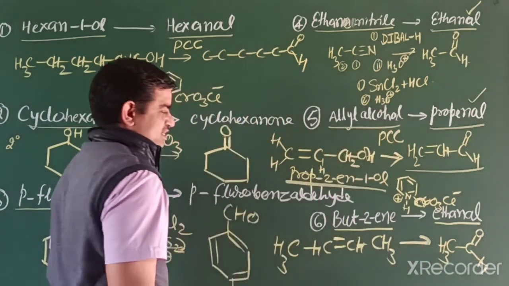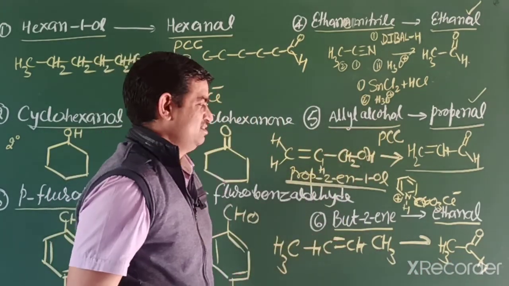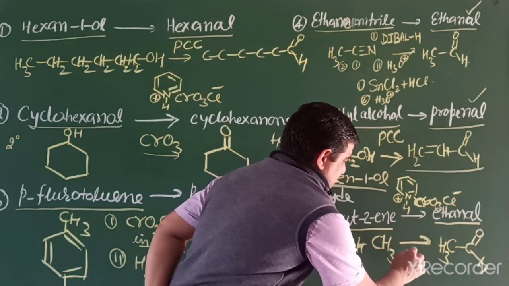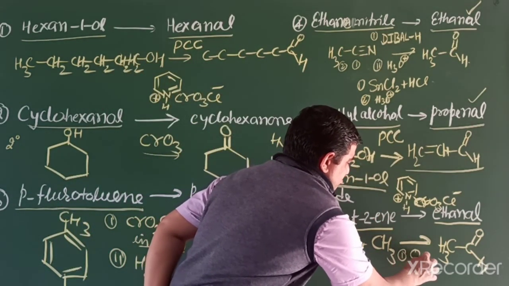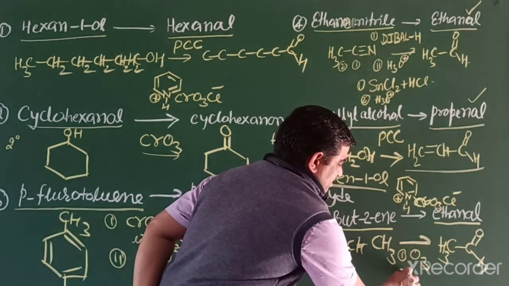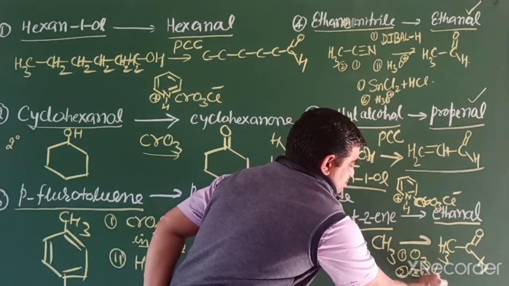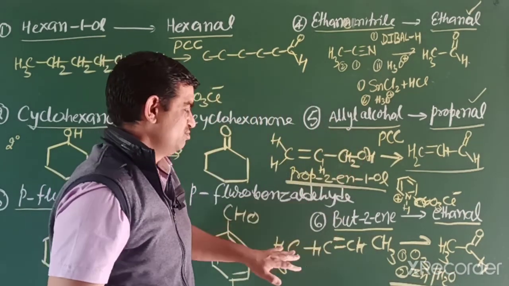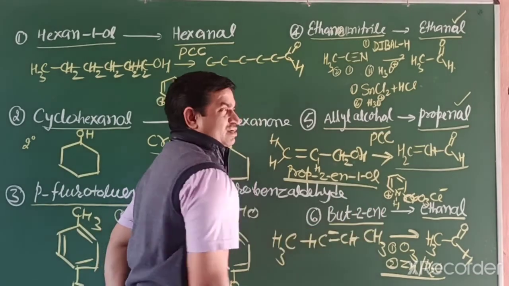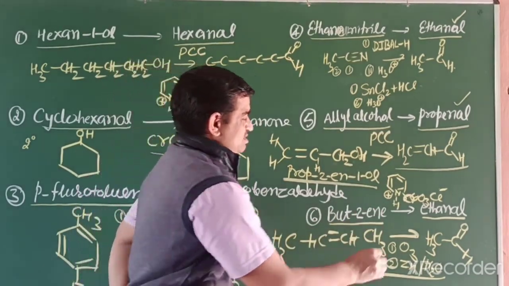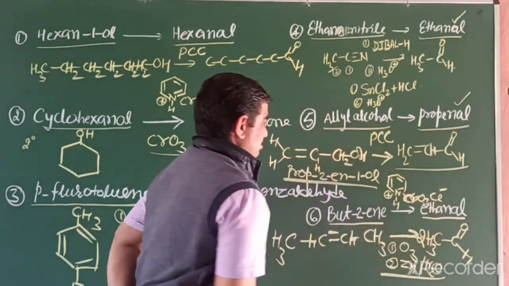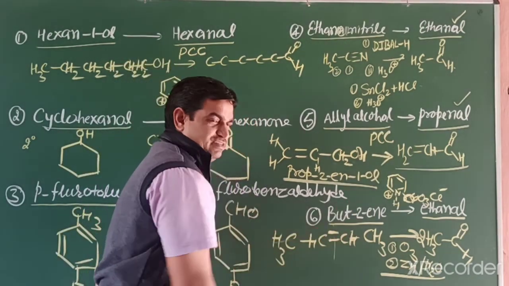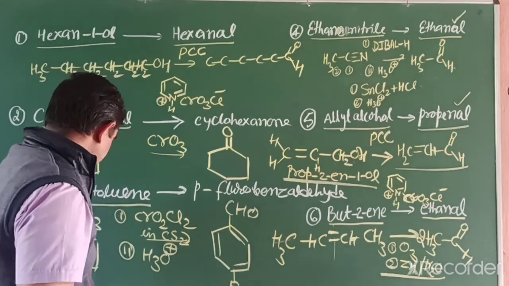So for this reaction from alkene into aldehyde, the reagent we use is known as ozonolysis. So first ozonide formation, then second step zinc dust in water. So the ozone is removed and we get 2 moles of ethanal. In this reaction we get 2 moles of ethanal, and this bond dissociates, we get equimolar ethanal on both sides.